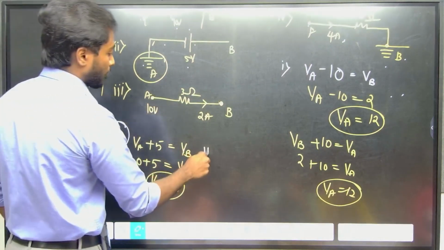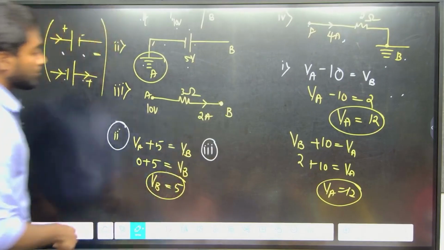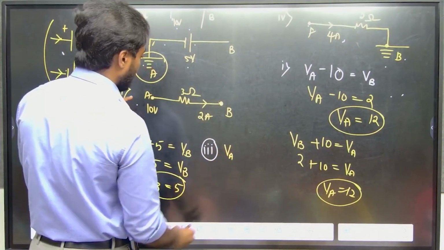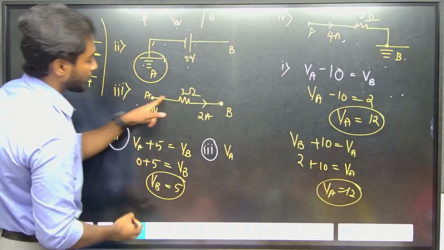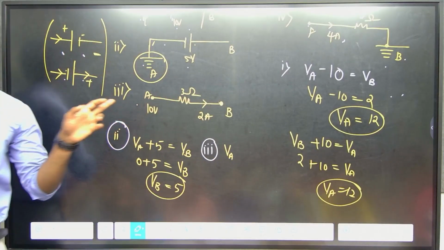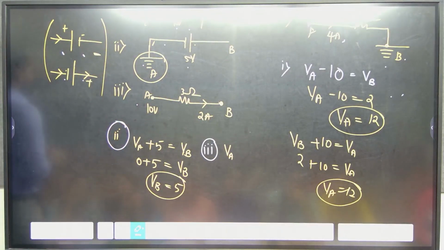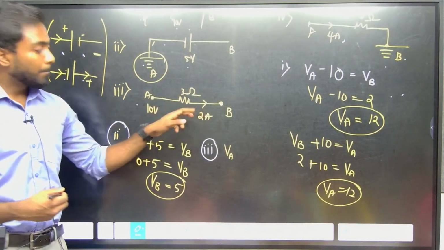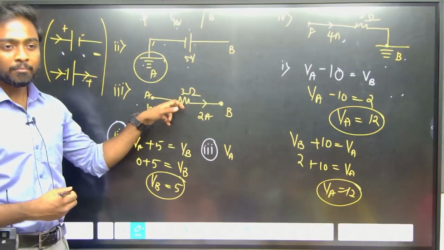Third one we will do. So third one I will start with A. So potential A, I am going in this direction. So current is in which direction? In the same direction, no? I am going in this direction, current also in the same direction. But here resistance has been given.